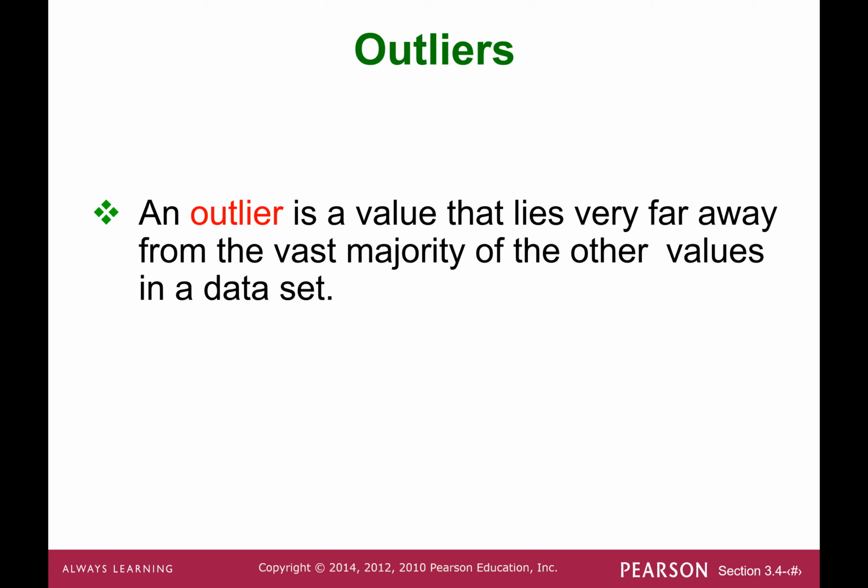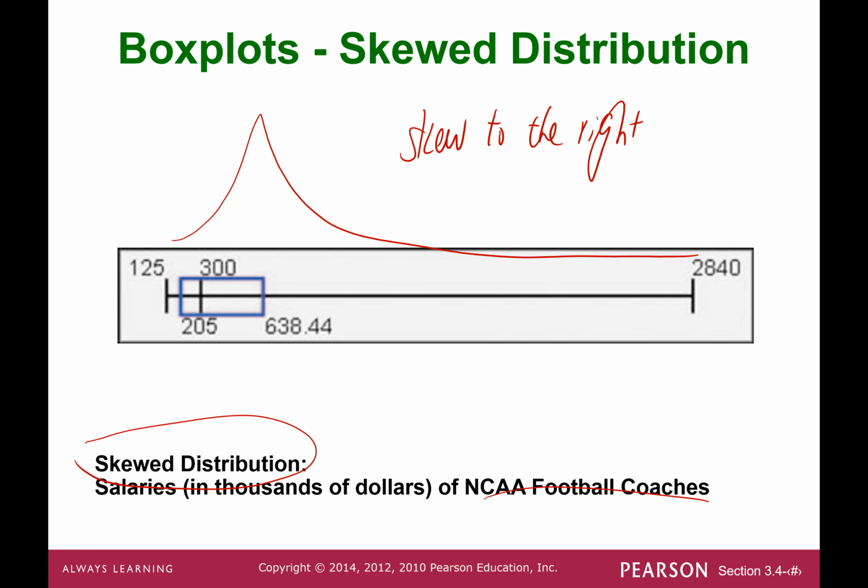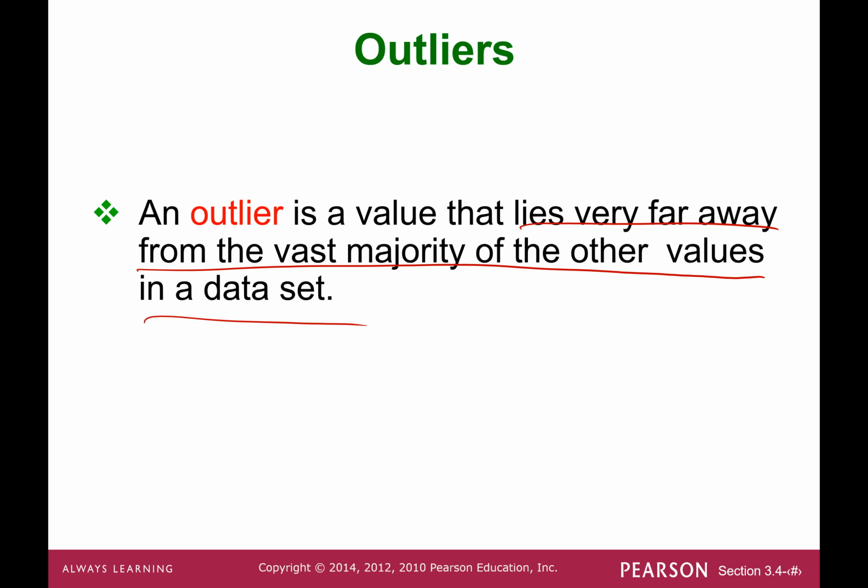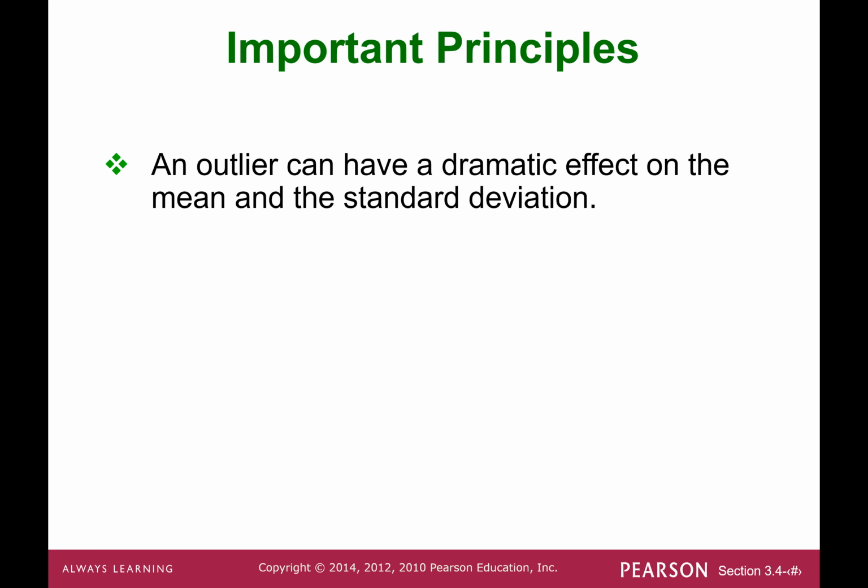And then if you look at the outlier, it's a value that lies very far away from the vast majority of the data values in the data set. So here, if you look at this, probably is some kind of outlier area. Only those famous coaches make a lot of money, and those are the outliers we're talking about. Very far from the majority of the data values.